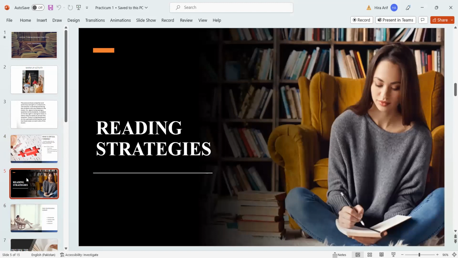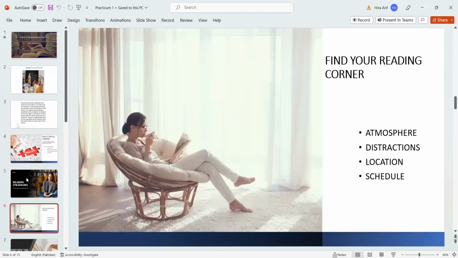Now I'm going to discuss some reading strategies. When you read, you need to find your reading corner, any comfortable place, any comfortable sofa or chair. It can be any place where you can read comfortably. It's your comfort place.